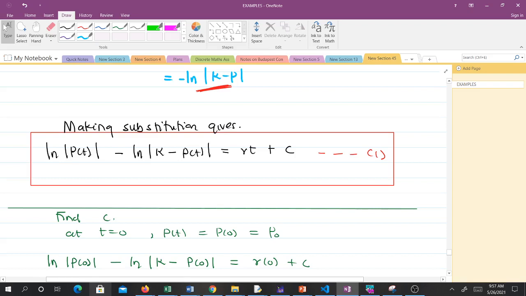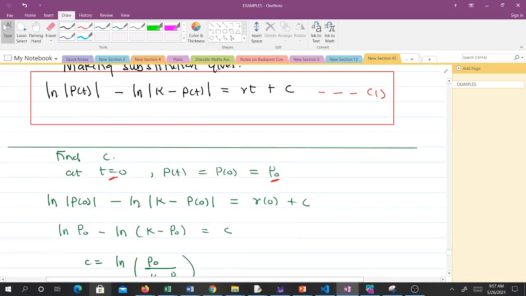So from now we have to find c. That is the constant. Okay, but at time t equals 0, the population p(0) is equal to p naught, right? So you're going to use that to find c. So wherever you find t, you put 0 there. So you get ln p(0) minus ln (k minus p(0)) is equal to r times 0 plus c. So this one will go away because r times 0 is 0.